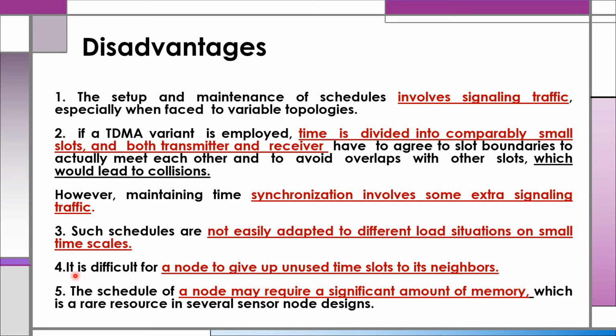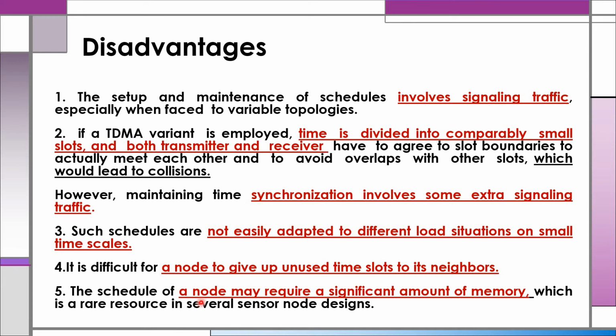At the same time, it is difficult for a node to give up unused time slots to its neighbors. If some member nodes do not have data, that node is not able to give up its unused time slot to the neighbor nodes.